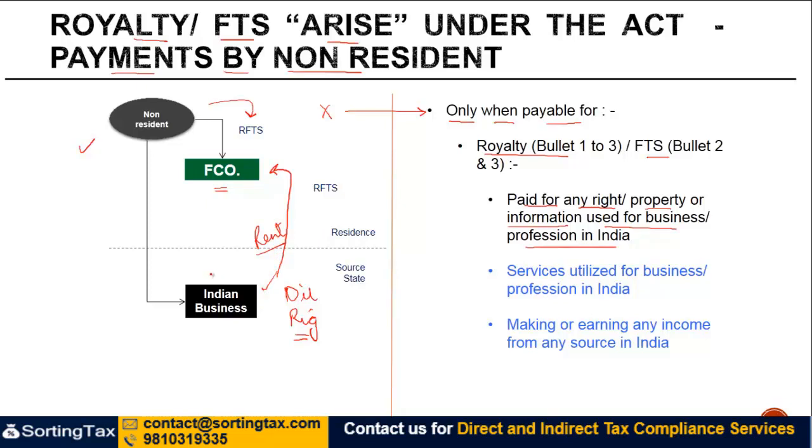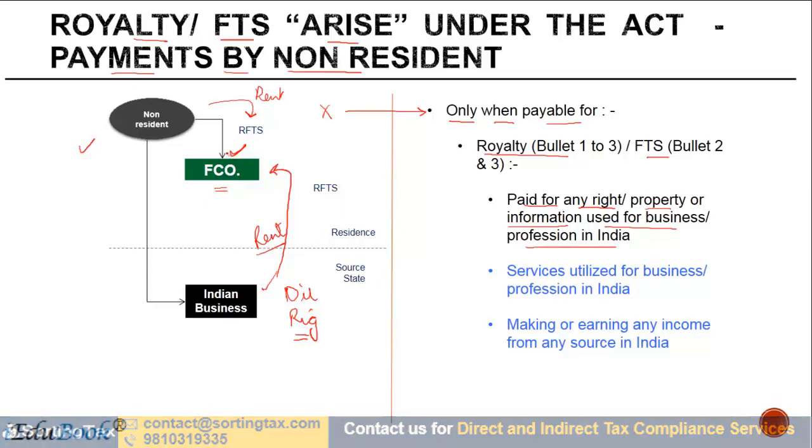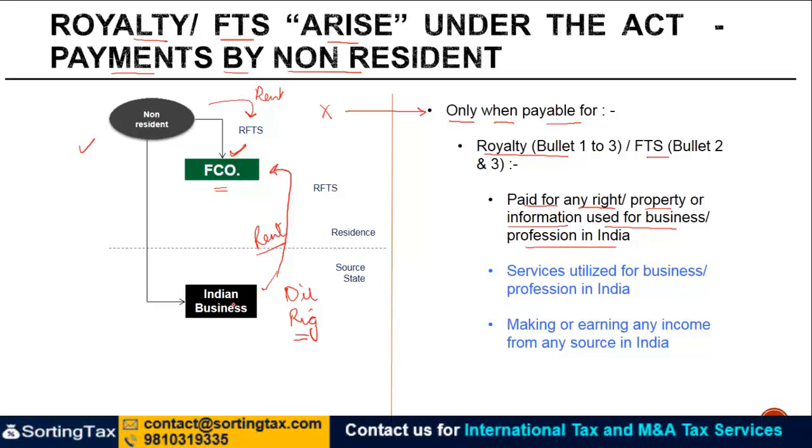The Indian business rents this oil rig from the foreign company, and the non-resident makes a payment of rent to this foreign company. Even this shall be deemed to accrue or arise in India because it is paid for business or profession in India.